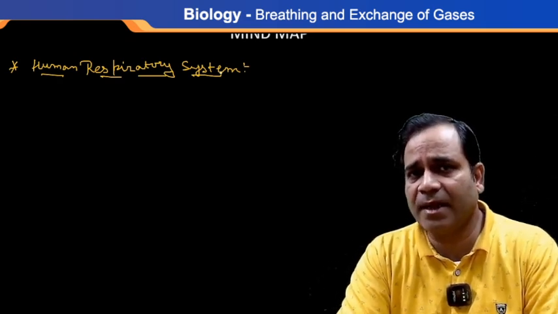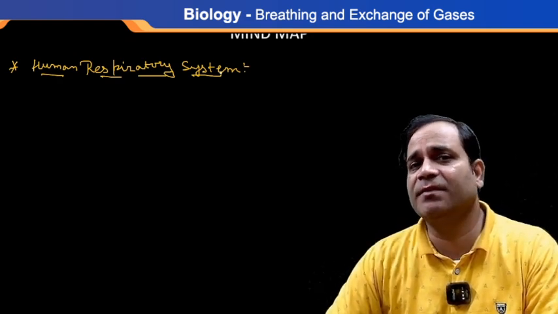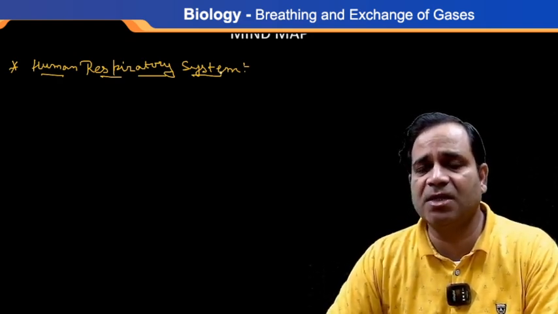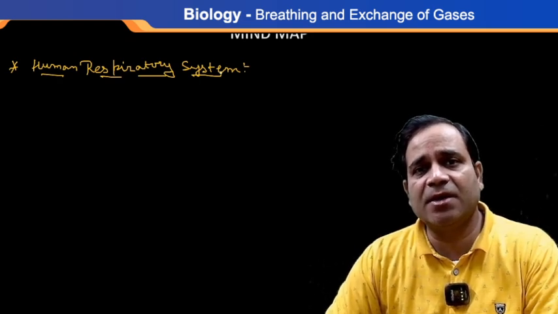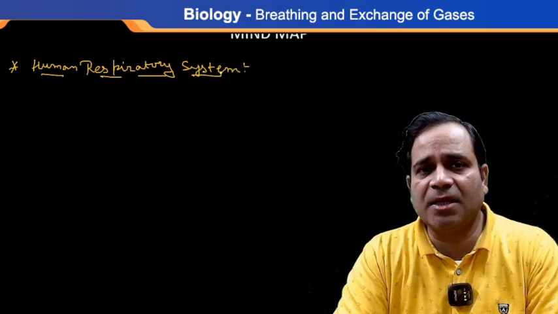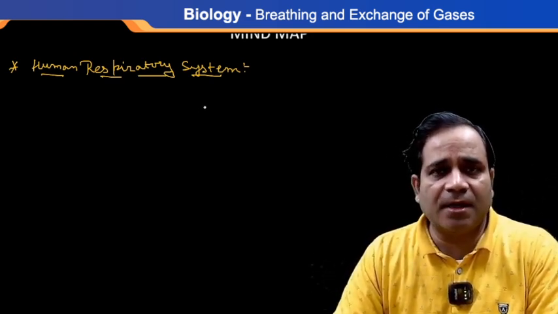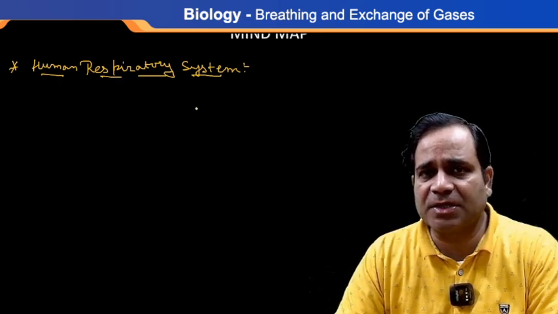Because this exchange of gases is responsible for the oxidation of food, my dear. Whatever food we take is oxidized in our body cells, and then it gives energy to each and every part of the cells, my dear. Now the question is, how does the human respiratory system work, my dear?